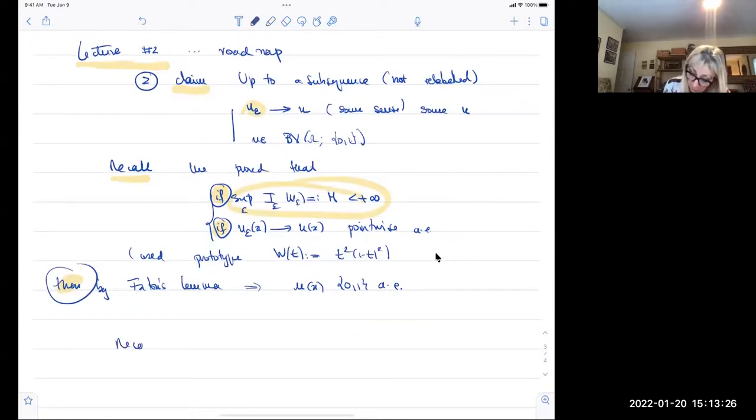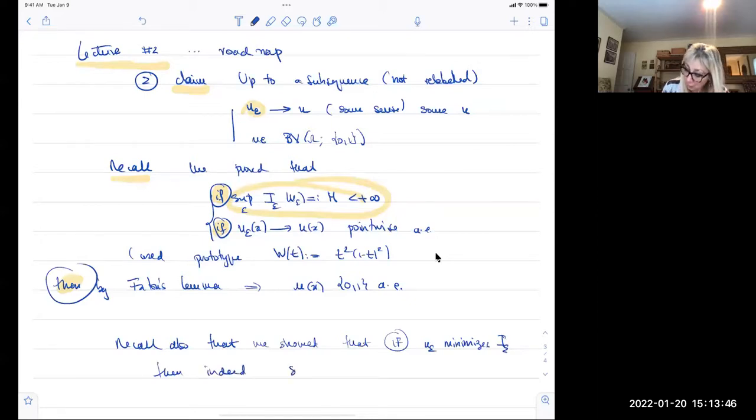So recall that we showed, again, it's a big if, that if U epsilon minimizes, then indeed the sup is finite. This is something we already did.